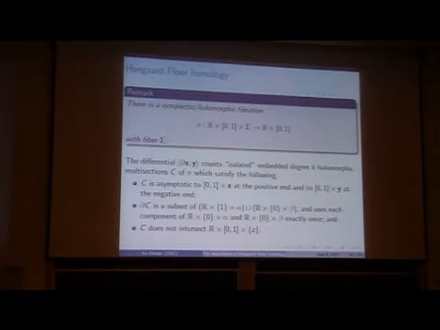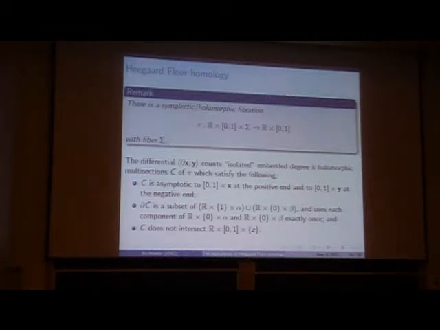The boundary conditions are the following. The boundary of C is a subset of R cross 1 cross alpha. On the left side, there's a Lagrangian which looks like R cross 1 cross alpha, and on the right side, you have a Lagrangian which looks like R cross 0 cross beta.